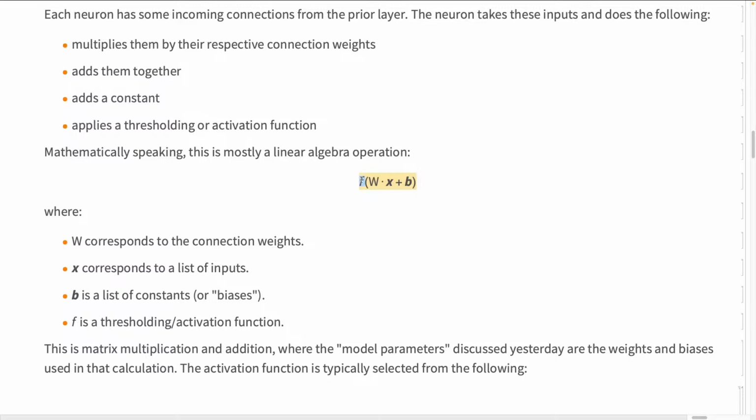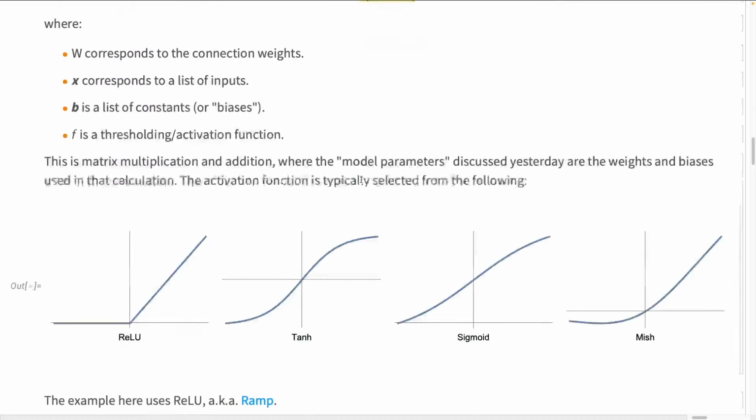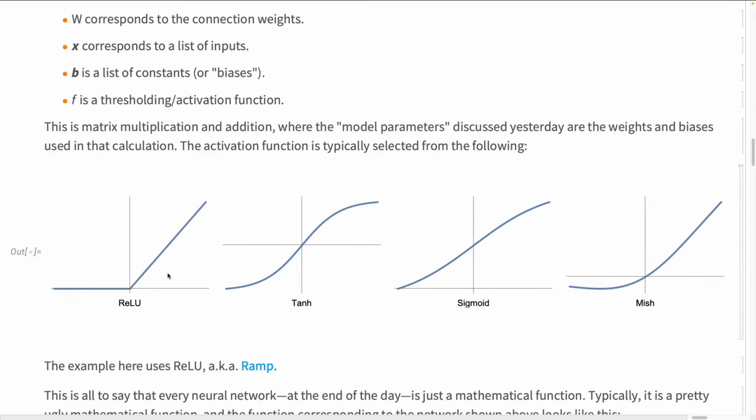Maybe it just sets, okay, if you get a negative number, I'm setting you to 0. I'm basically turning off all of the negative inputs. But if you have a positive number, I'll leave you as is. There are different kinds of activation functions, as you can see here.